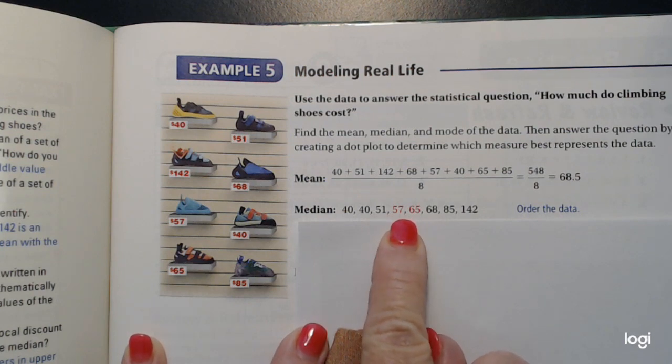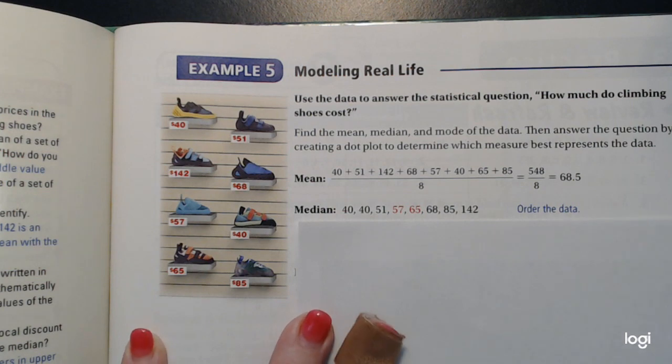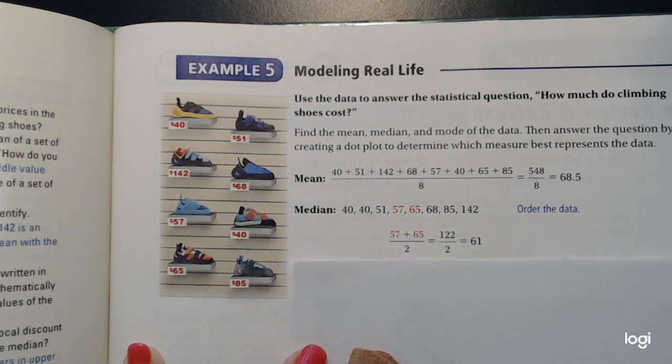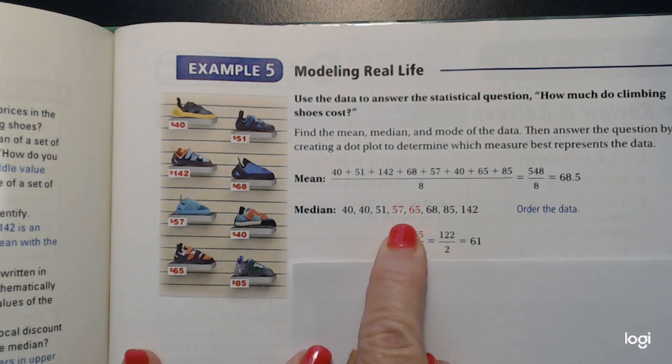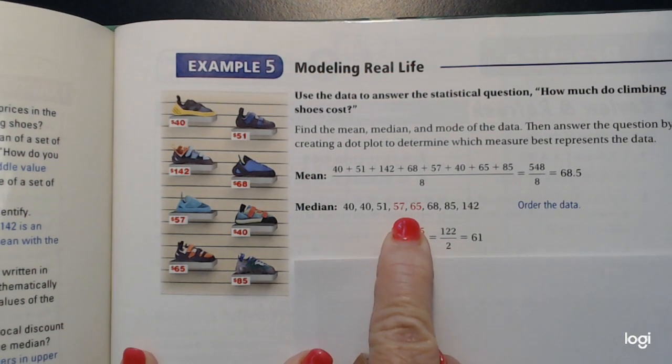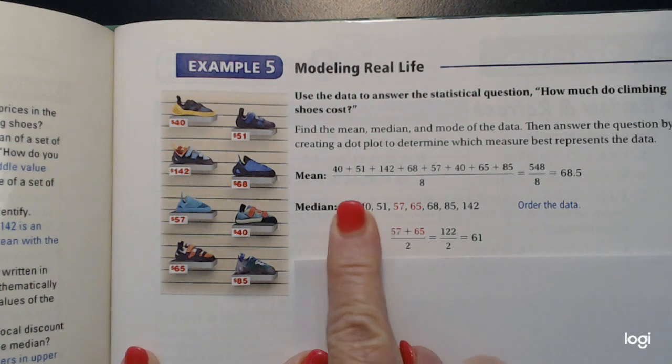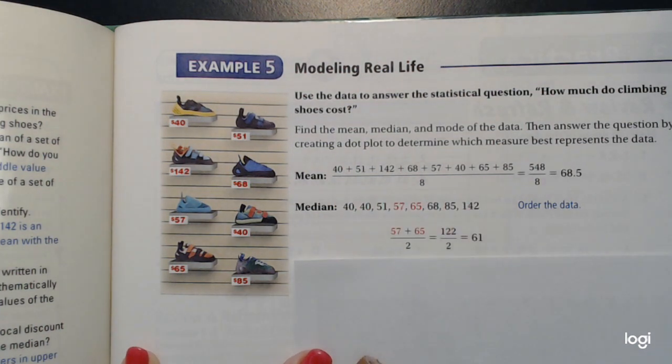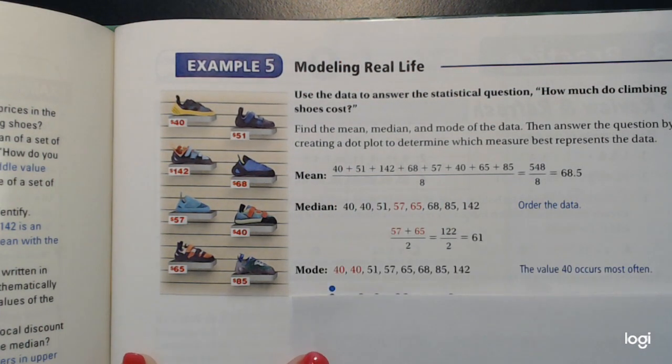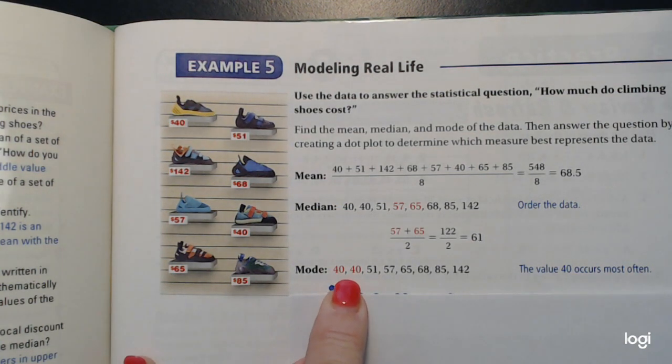It's not as easy to find the middle with those two, so I'm going to have to add those two together and divide by 2, and I found out that the median would actually be 61. The mode is to look at the numbers and see which price is listed the most. Well, the mode is obviously 40. It's listed twice.